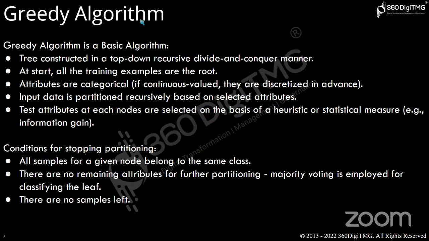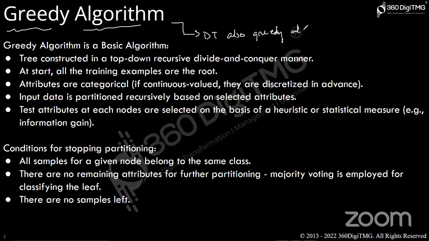Now, this decision tree is also known as greedy algorithm. It is known as a greedy algorithm because it will not stop unless it reaches a leaf node.